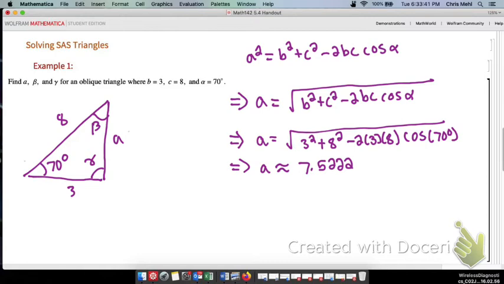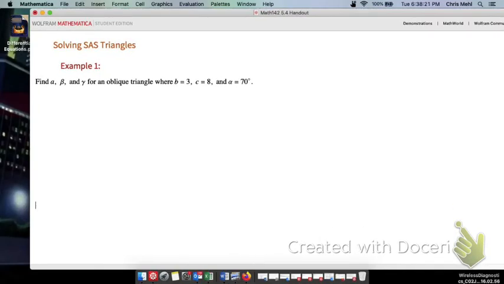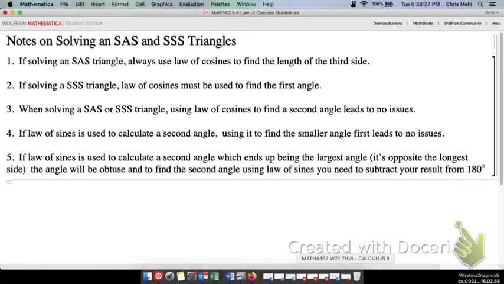Okay, so we know the length of the 3 sides. Now we need to find the other 2 angles. Now, here's where, if you go to my handout, on my guidelines, and you look at number 4. Again, law of sines.